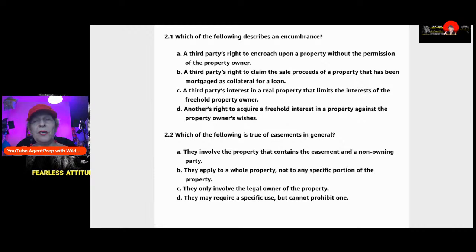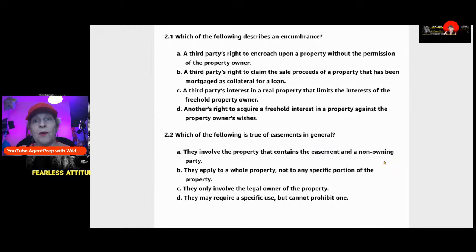So remember, when you have an easement, you have a dominant party and a servient party, right? Yes, the answer is A. They involve the property that contains the easement and a non-owning party. So the property that owns the easement is the servient, right? They serve the other one.